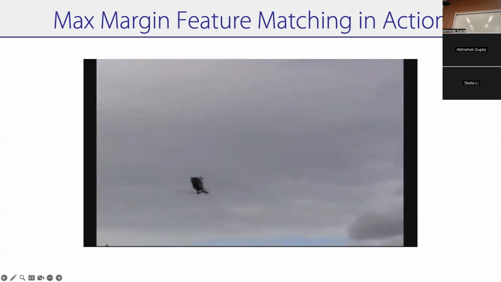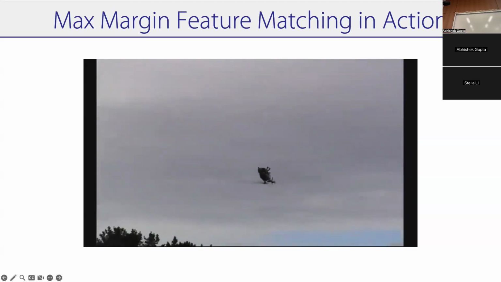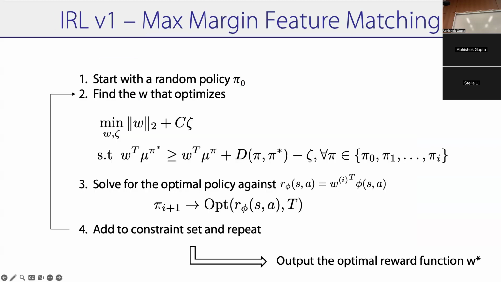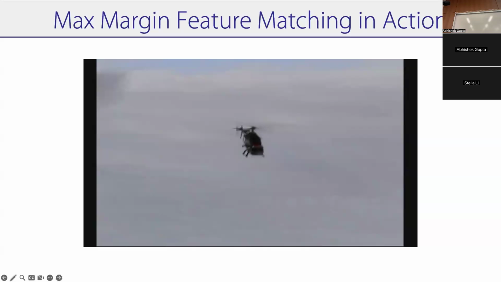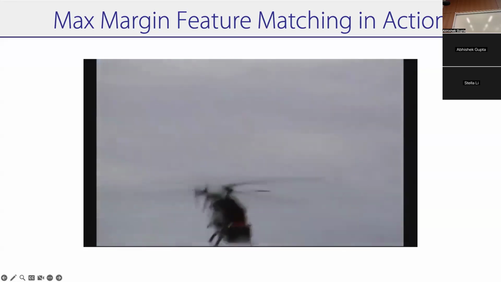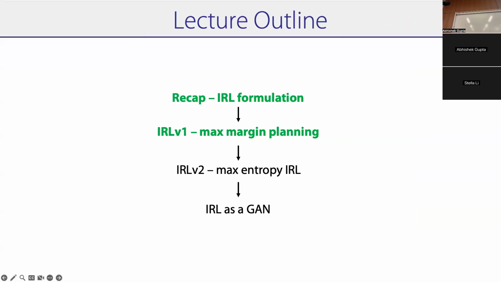They had a bunch of helicopter pilots do tricks with this helicopter, and then they had it run an algorithm very similar to this. This was with things that were linear or kernelized, and basically I think a QP solver, no deep nets anywhere.